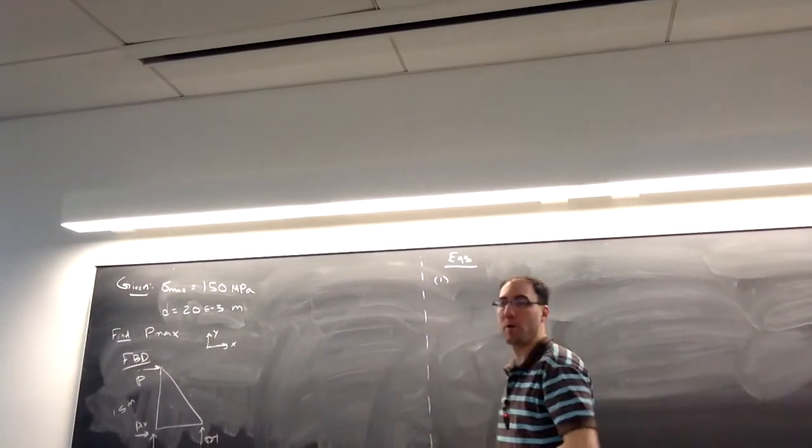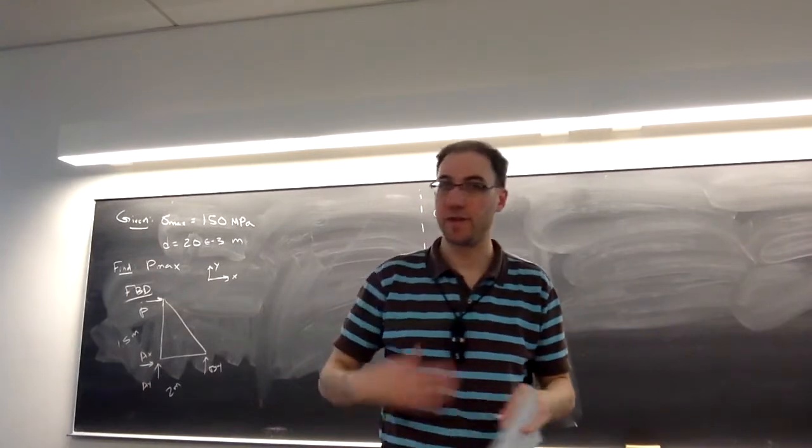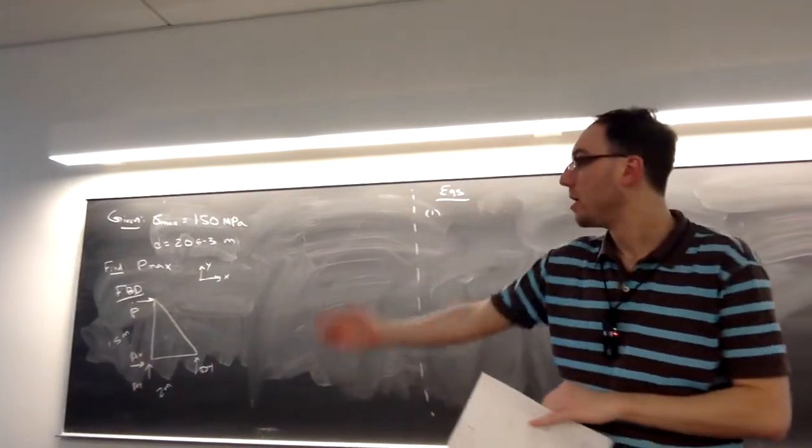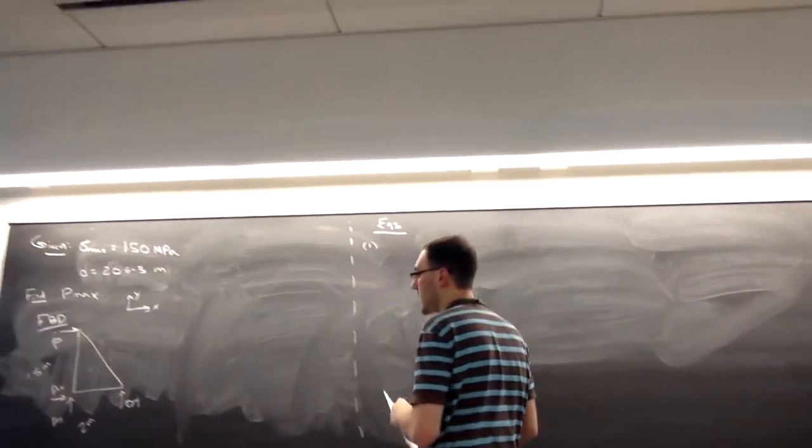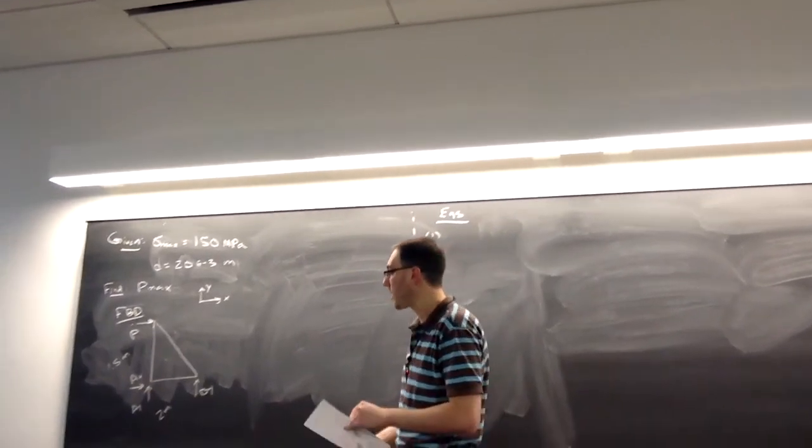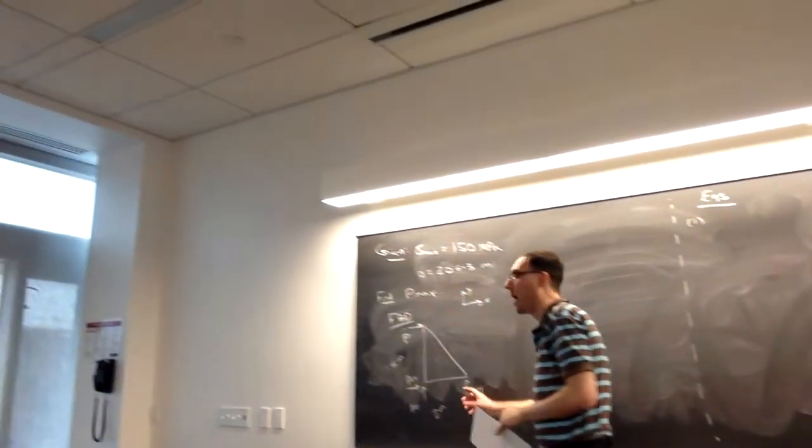I'm not going to go through all the equation details since we've done those to death in EMCH 211, but we solve some forces in the X, some forces in the Y, and we can find AX, AY, and BY.